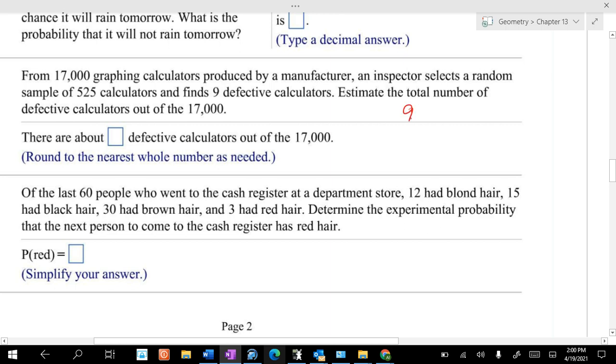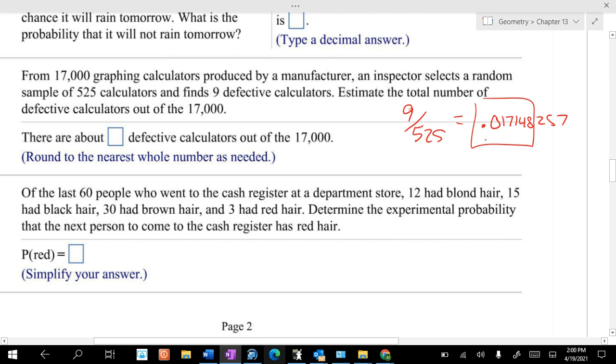So if 9 out of 525 calculators are defective, you turn that into a decimal. So somebody take 9 divided by 525. 0.017 exactly. Something like that, right?